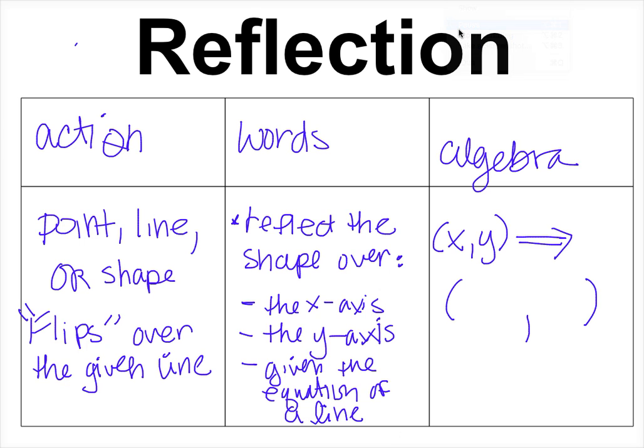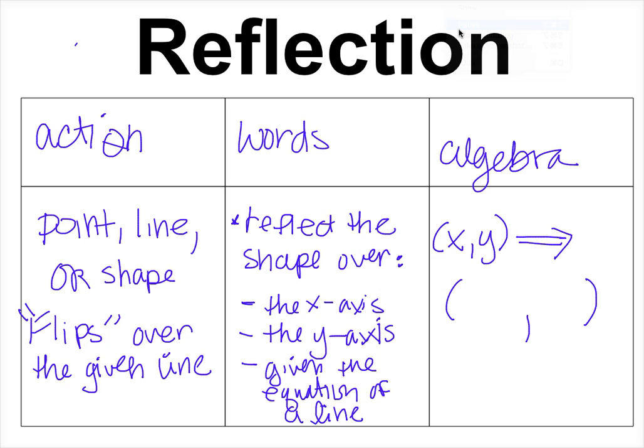This is the image of A and this is the image of B. My new ordered pair for A is -1, 1, and B is -3, 3.